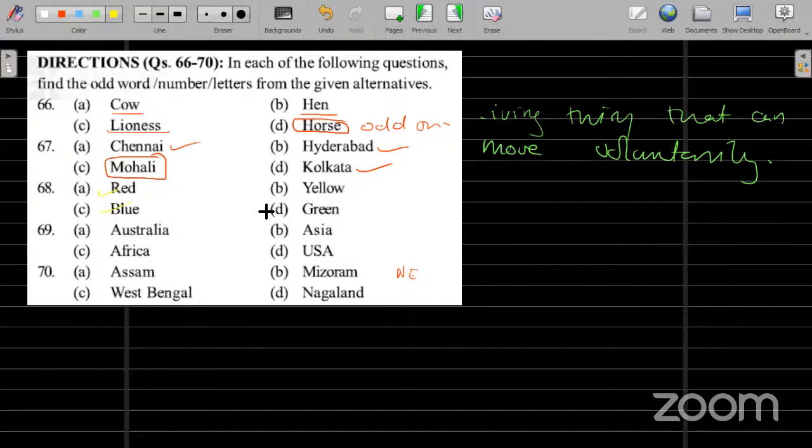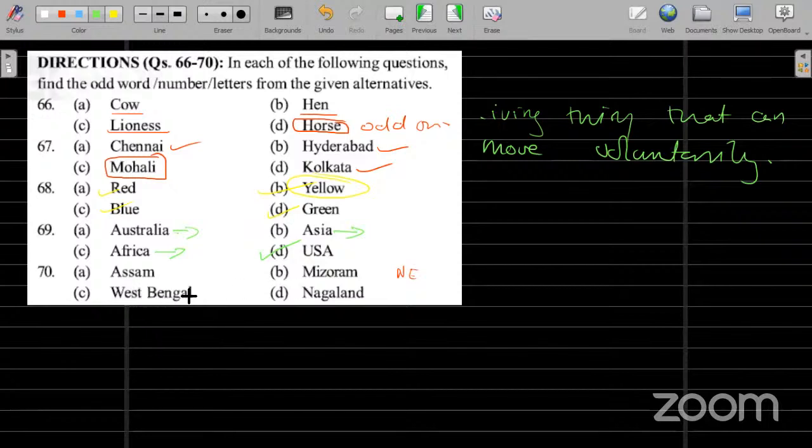R, G, B are primary colors. Yellow is not a primary color, so it is the answer there. Australia, Asia, Africa, USA. Australia is a continent, Asia is a continent, Africa is a continent, whereas USA is not a continent. So that is the answer.